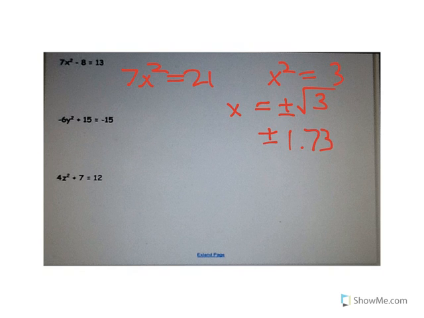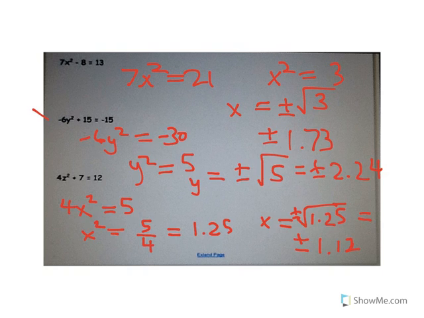So for this one here, same sort of thing. I'm just going to do these ones quickly and then explain them, so I can write these out quickly. Here, what's happening is you move the 15 over. Then you divide both sides by -6. Then you end up with 5, and then you take the square root of 5.